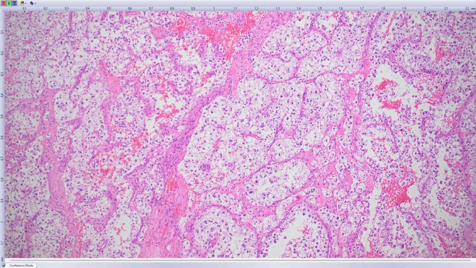So, from the first look, you see that you have nested architecture of the lesion. The cells are with clear, abundant cytoplasm, irregular nuclei, no prominent nucleoli. So my first step was pancytokeratin staining, and it was negative. And in this scenario, the diagnosis then was absolutely straightforward.